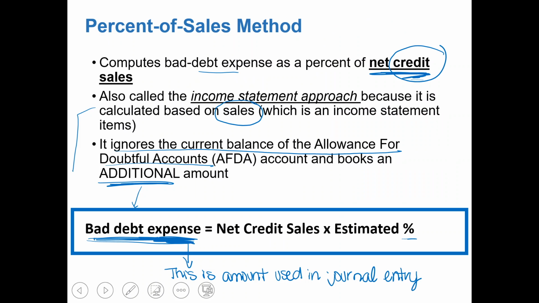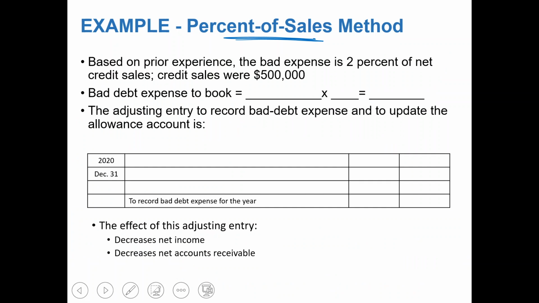And as I said here, we calculate it as net credit sales times that uncollected percentage. So here our credit sales were $500,000, and we expect to have bad debt of 2% of that. So if we multiply that out, our bad debt expense is expected to be $10,000.